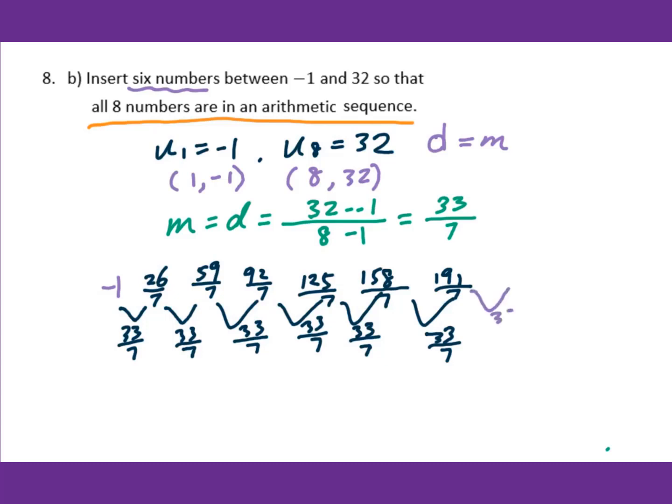Still keep adding 33/7. You will get 158/7, 191/7, 224/7. This will be 32. So the 6 numbers will be these 6 numbers.